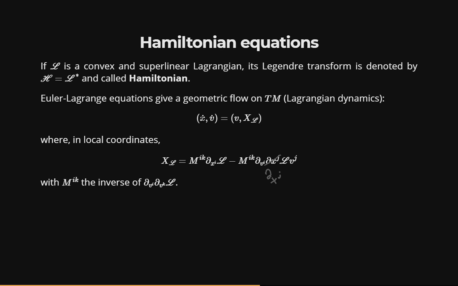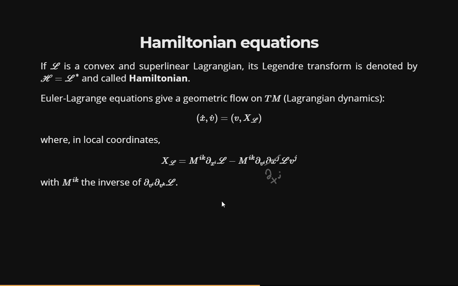It's the usual trick: when you have a second-order equation, you can write a first-order one by adding a variable whose derivative will be the second derivative of your variable. So this is actually a second-order equation in x, but we introduce v, the first derivative of x, and everything works. Anyway, this is called the Lagrangian vector field.